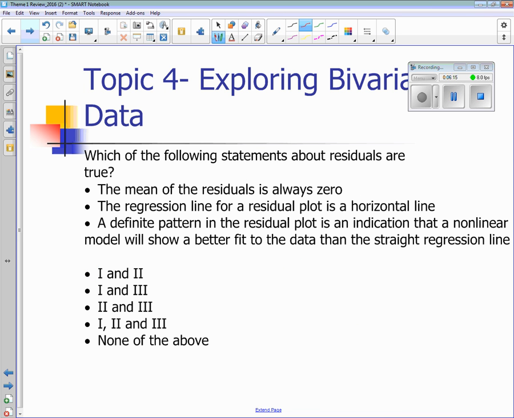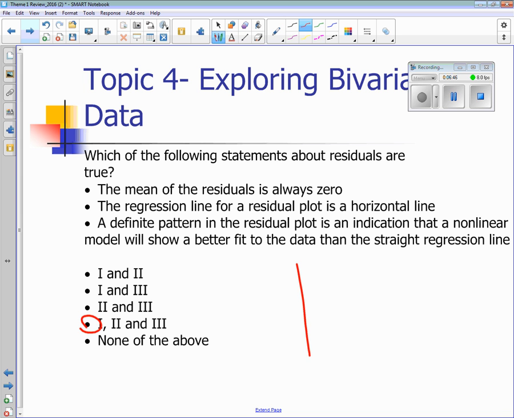Okay, residuals. This is a good question to know. All of them are true. The mean of the residuals is 0. If you remember when we did our scatter plot investigative task, I did ask you to find the sum of the residuals, and the mean is also going to be 0. The regression line for a residual plot is a horizontal line, and that's not something I think I emphasized, but it's true.